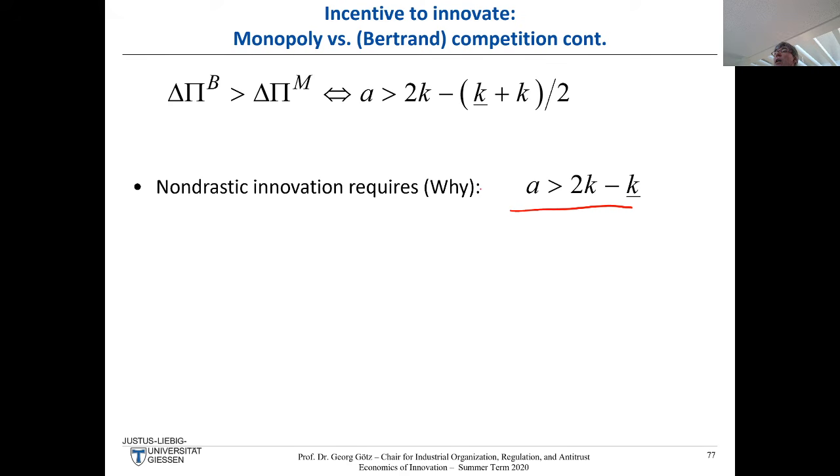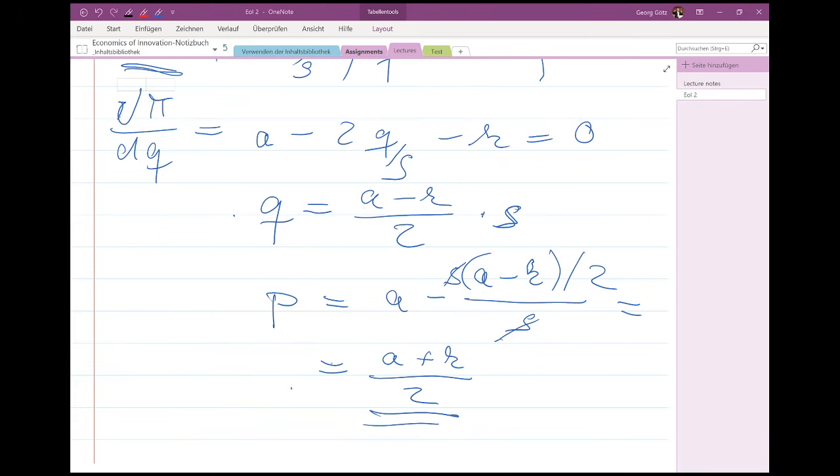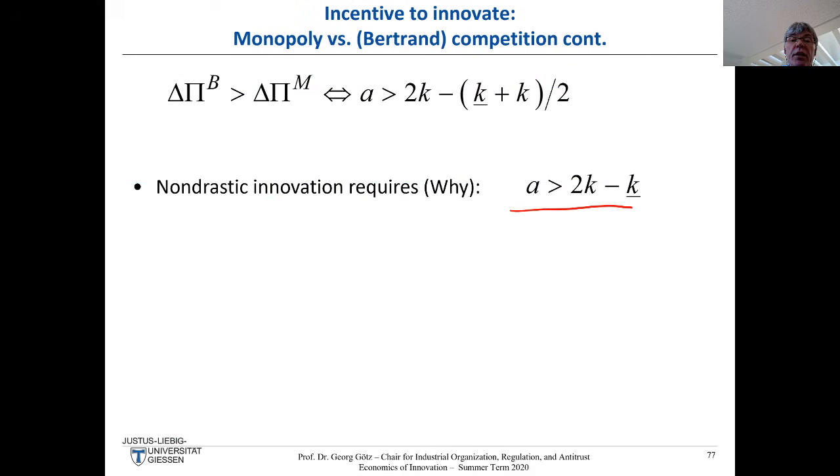Because you saw that in OneNote, the price is just A plus K over 2. And K, of course, if your cost is K lower bar, the price is just A plus K over 2, and K is the rival's cost.